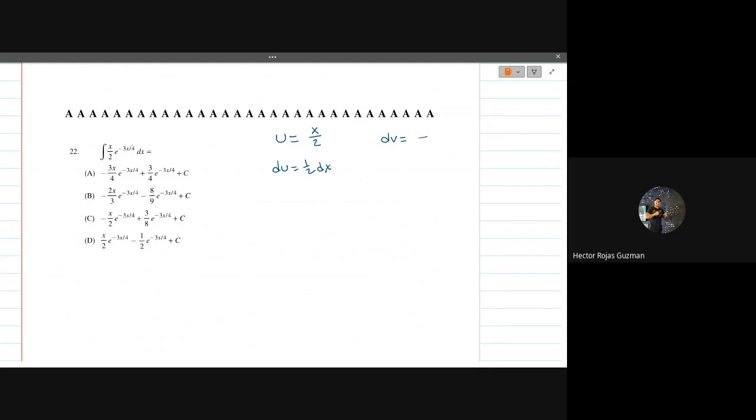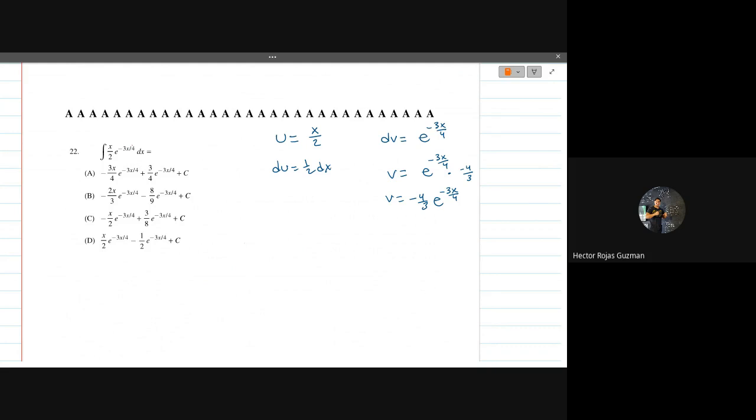So my dv is going to be e to the negative 3x over 4, and my antiderivative is e to the negative 3x over 4 times the reciprocal of the derivative, negative 4/3, right? So you can always clean that up and say it's negative 4 over 3 e to the negative 3x over 4.